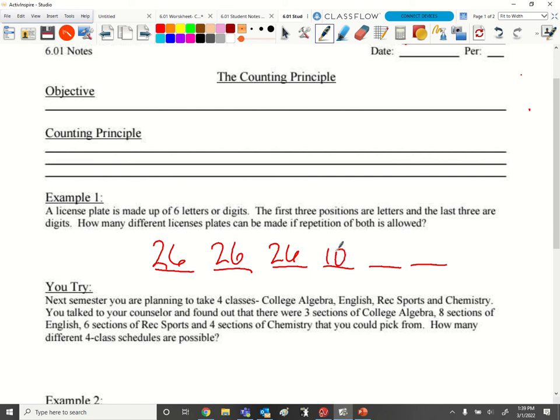Now the next one here, the next possible number, how many possible numbers am I going to have here? 10 again, because I'm allowed to repeat. And my last one? 10. All right, multiply that out, please.